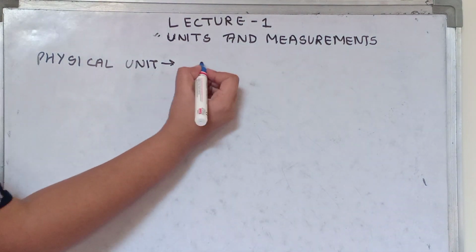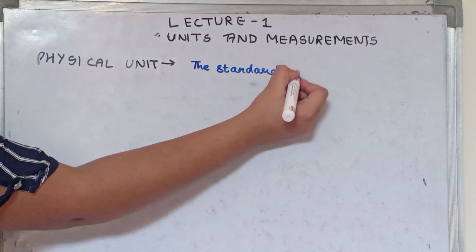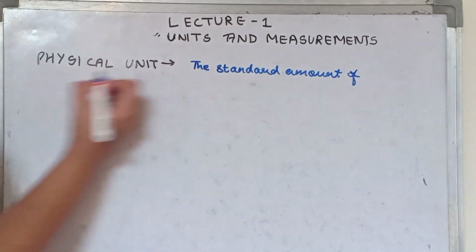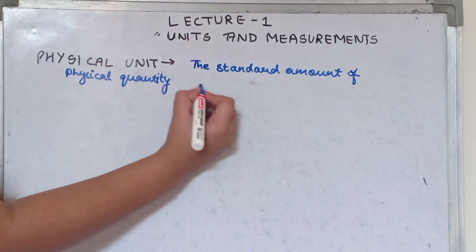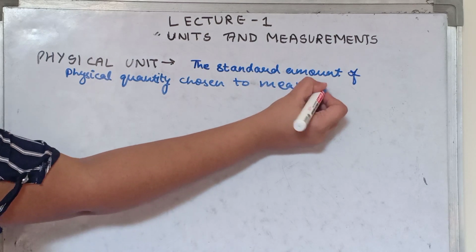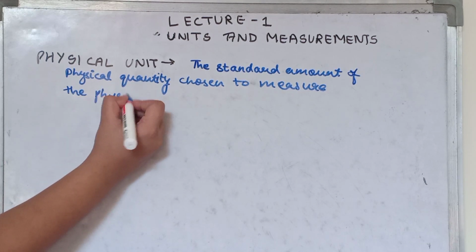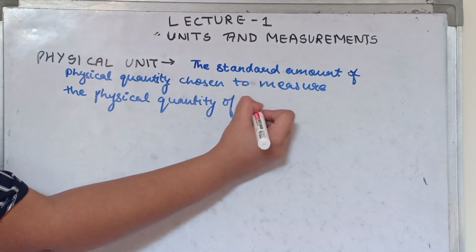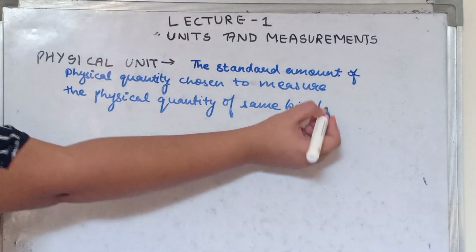It says that the standard amount of physical quantity chosen to measure the physical quantity of same kind is called physical unit. Fine.